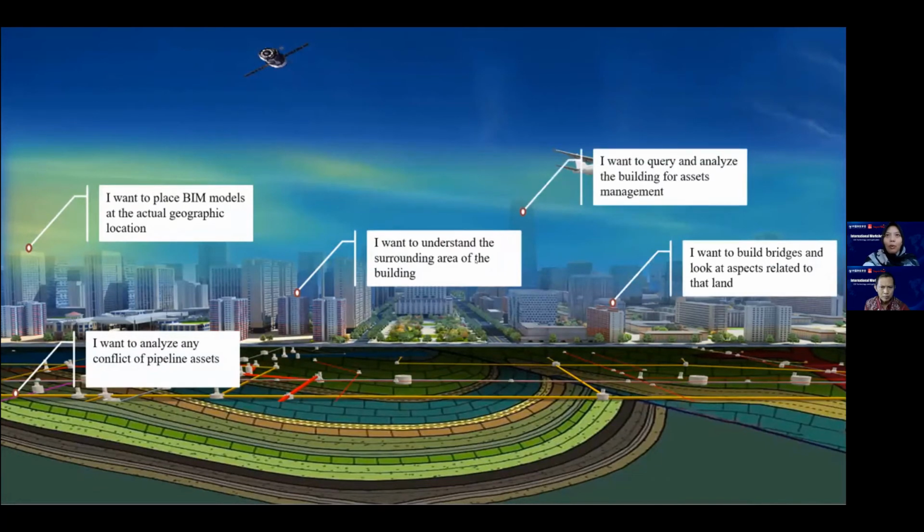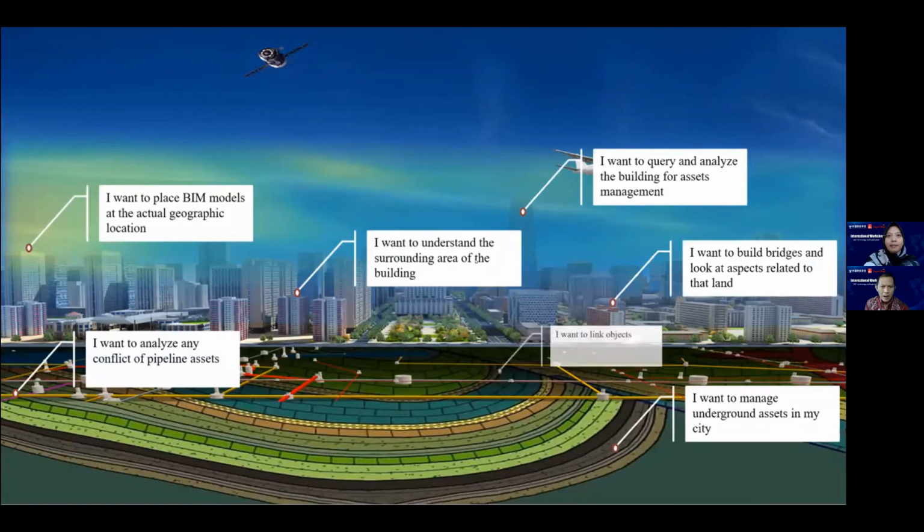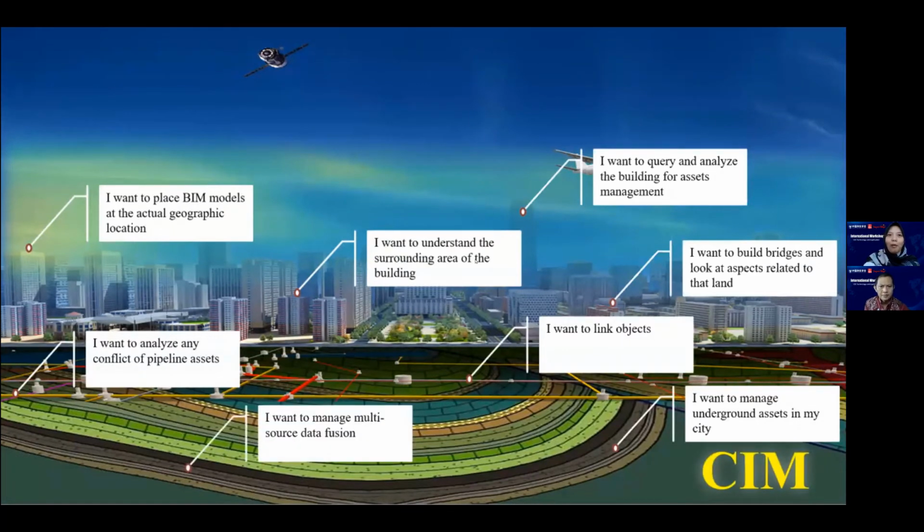How if I want to query and analyze the building for asset management? How if I want to manage the underground assets in my city? How if I want to link objects? How if I want to manage multi-source data fusion? And another how if. Basically, these questions can be answered by using city information modeling.